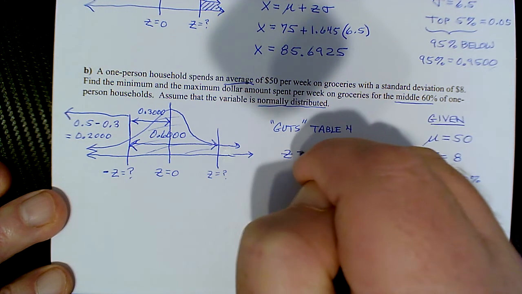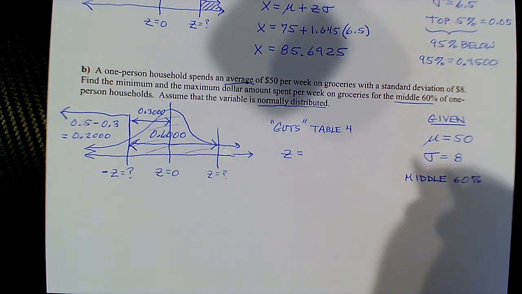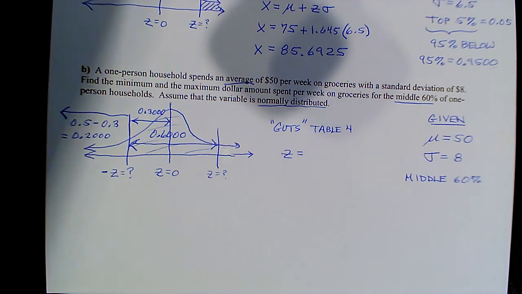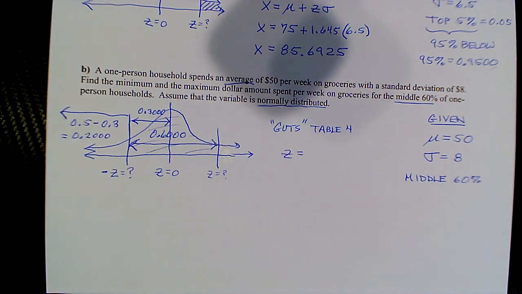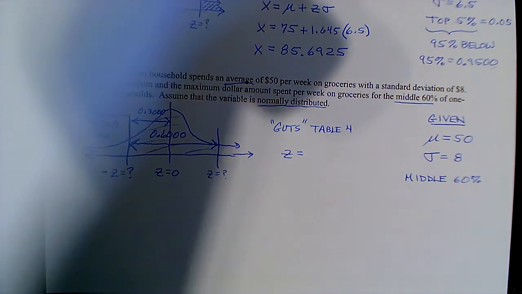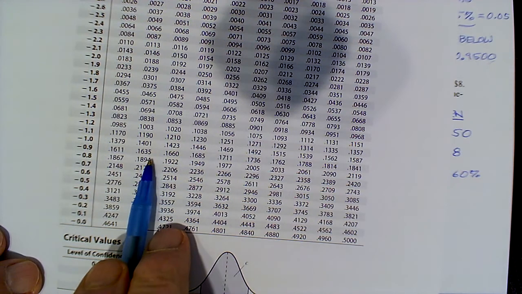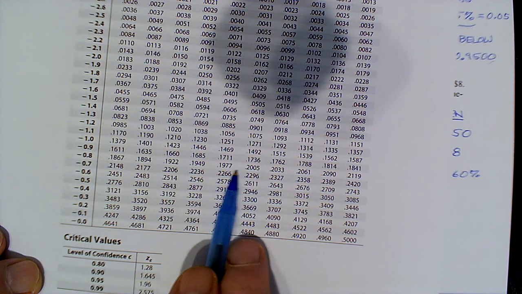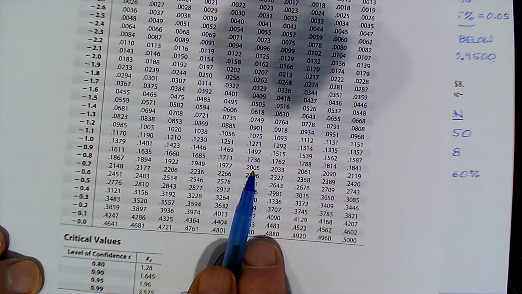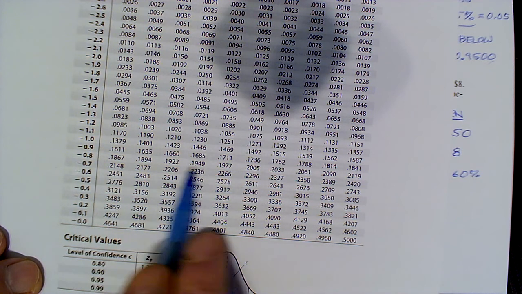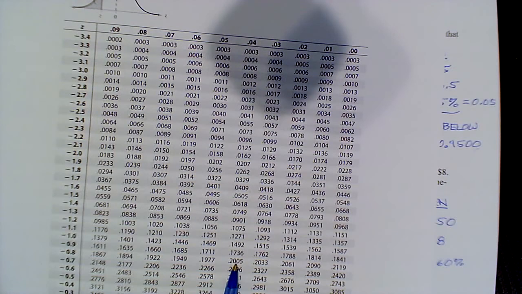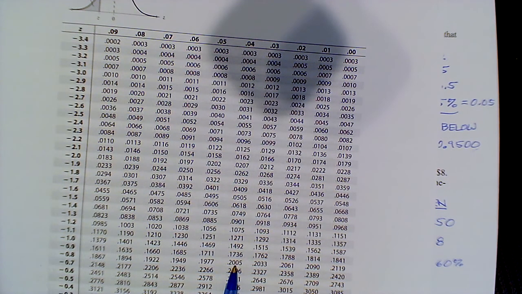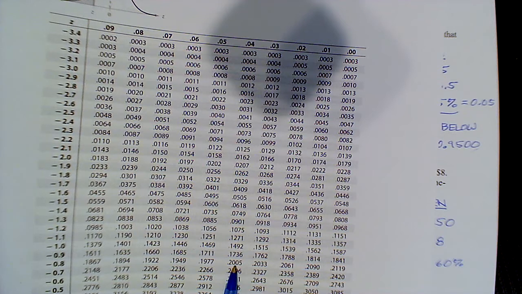Alright, so one final visit to table 4 for this section, looking for 0.2. We know it's a negative z-score because it's less than 50%, and 0.2 looks like it's closer to 0.2005, and so that's a negative 0.8, and then the column looks like 0.04, so negative 0.84.